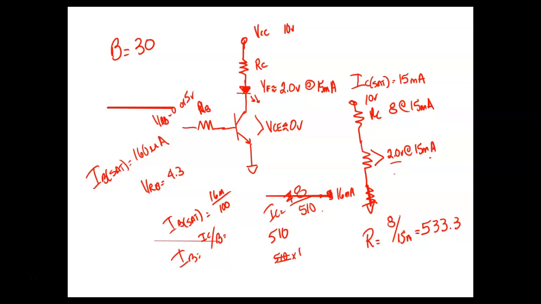You can't close the switch more than it's closed. Once the transistor is saturated, it's acting like a closed switch. So if we put more base current than is required to saturate it, it's not going to make any difference.